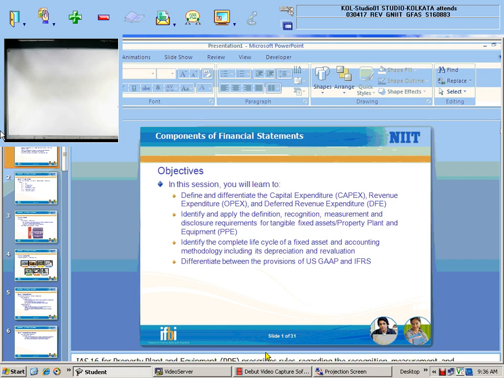So what we are basically going to discuss in this session, and maybe the next session also, is International Accounting Standard 16. So we'll talk about IAS 16 mainly. IAS 16 applies to property, plant and equipment. It prescribes rules regarding the recognition, measurement and disclosures relating to property, plant and equipment, which are often referred to as fixed assets.